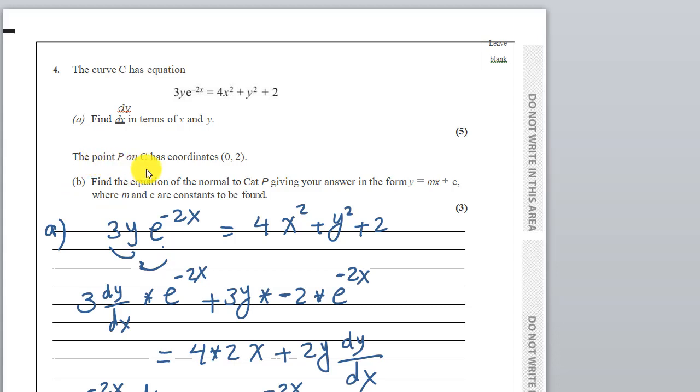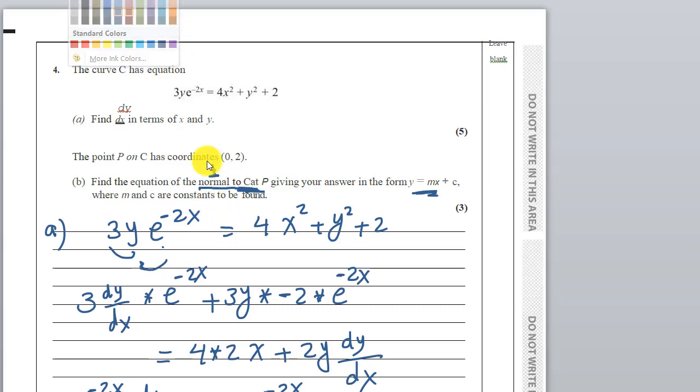The point B on C has a coordinate (0, 2). Find the equation of the normal to C. So we need the perpendicular to C at B, give your answer in the form y = mx + c, where m and c are constants to be found.